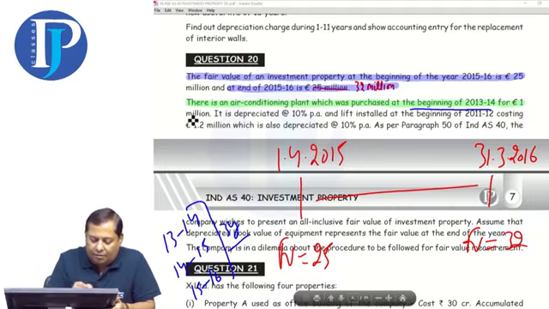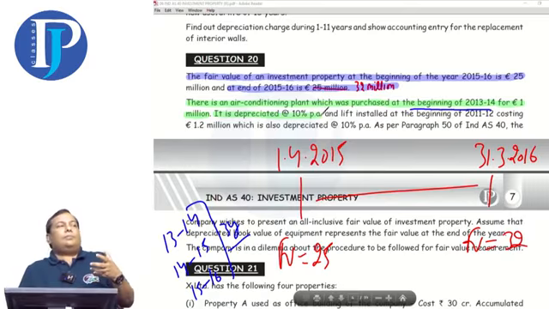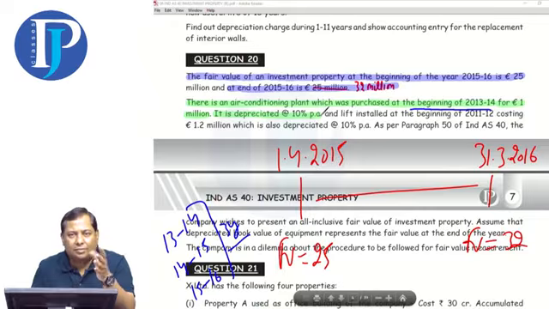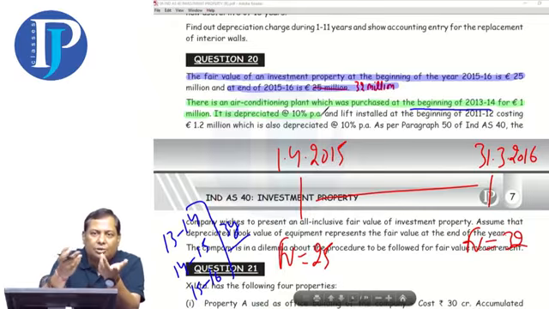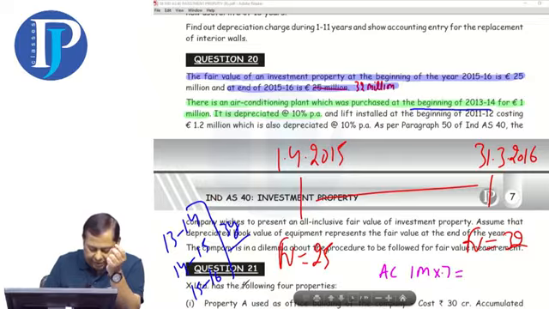We have invested a total of 1 million. Tell me the depreciation. It depreciates at 10% per annum, okay? When the question does not mention SLM or WDV, assuming SLM is easier than WDV, SLM is the assumption. So if it is 10% for 1 year, then for 3 years it will be 30%. So students, over here this means that our AC is 1 million into 0.7. Do it 70%.